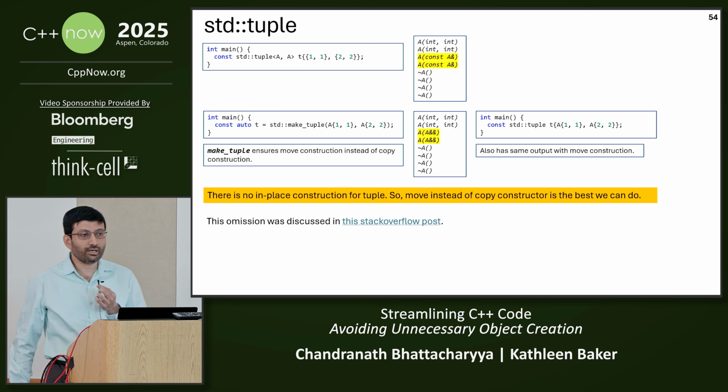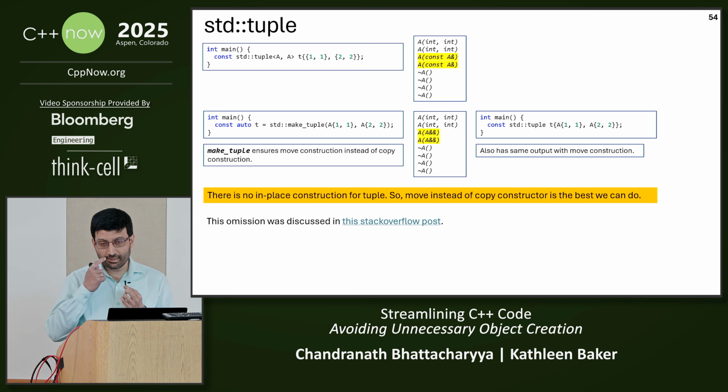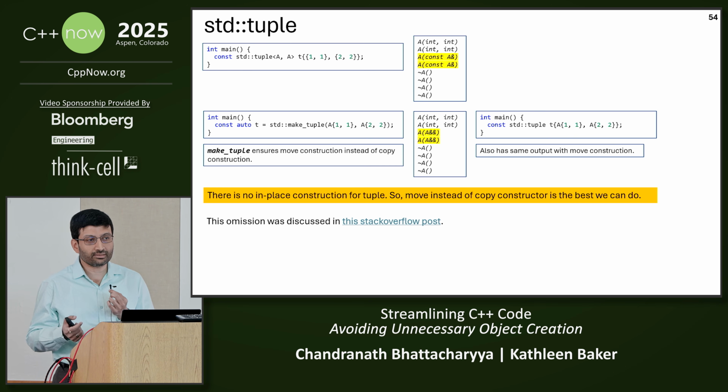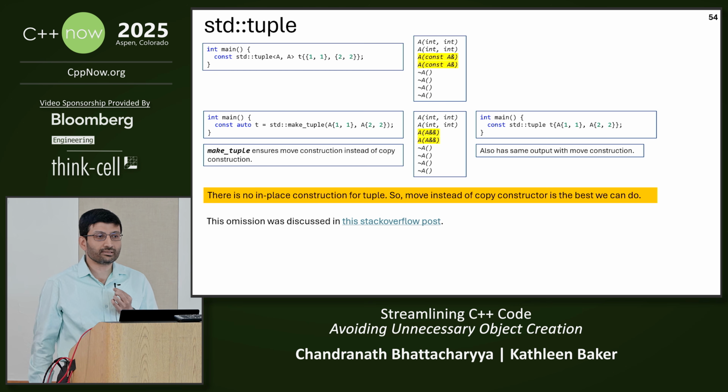Okay, before moving on, a quick show of hands. If you include the copy constructor and the move constructor, how many constructors are there in tuple? So show of hands, less than equal to 10. Okay, 10 to 15. 15 to 20? Are you just shy or are you just thinking?